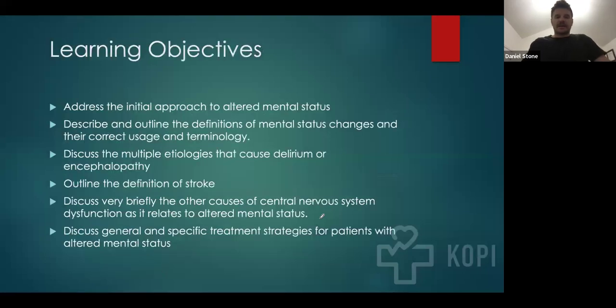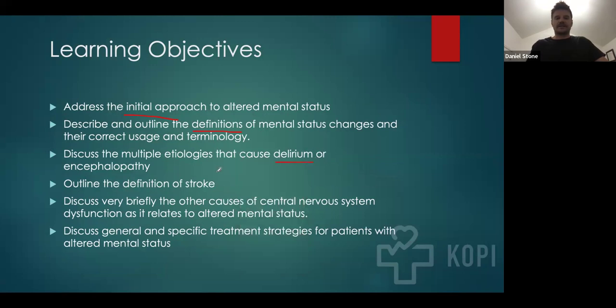in the setting of this finding, what you would specifically examine. So we want to discuss the initial approach, which is what we're already alluding to: what would you do in the circumstance where you have this specific patient in front of you. We want to talk a little bit about definitions because definitions are important in how things are categorized in altered mental status, unlike in other conditions.